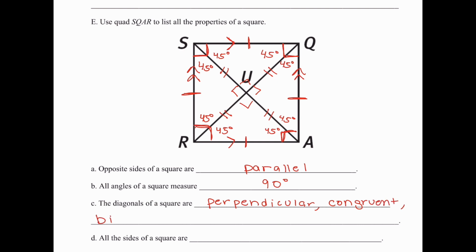They bisect each other. And they bisect the right angles. And all of the sides of a square are congruent.